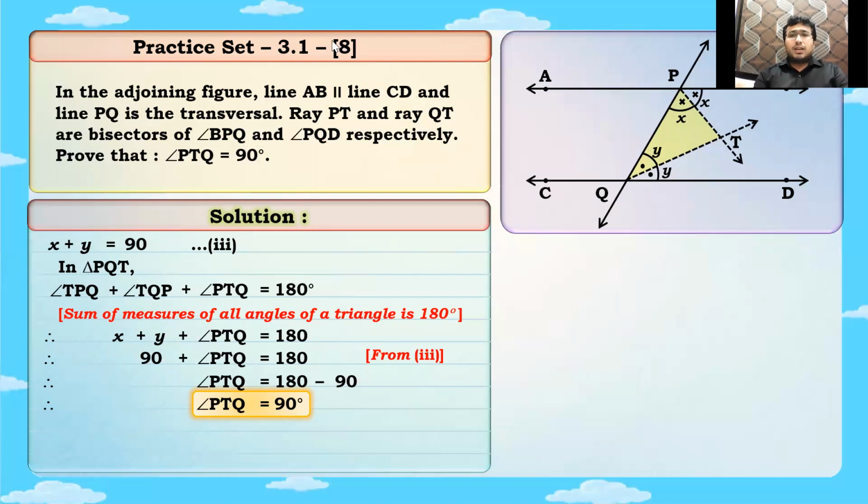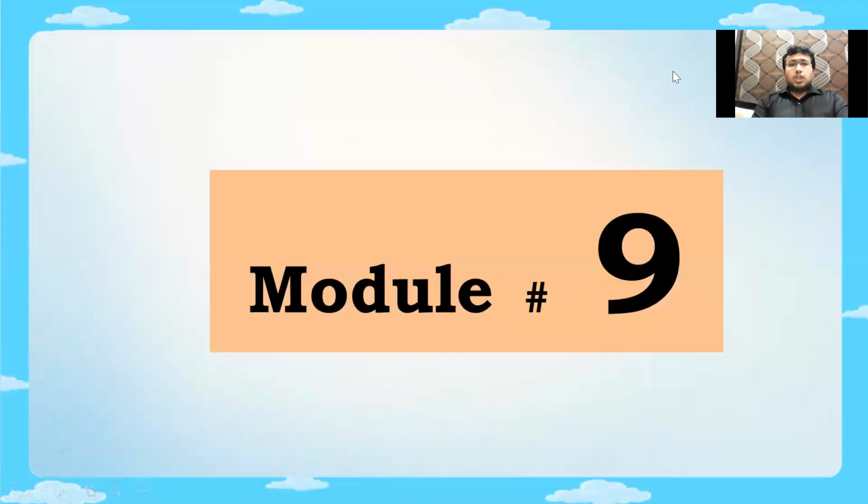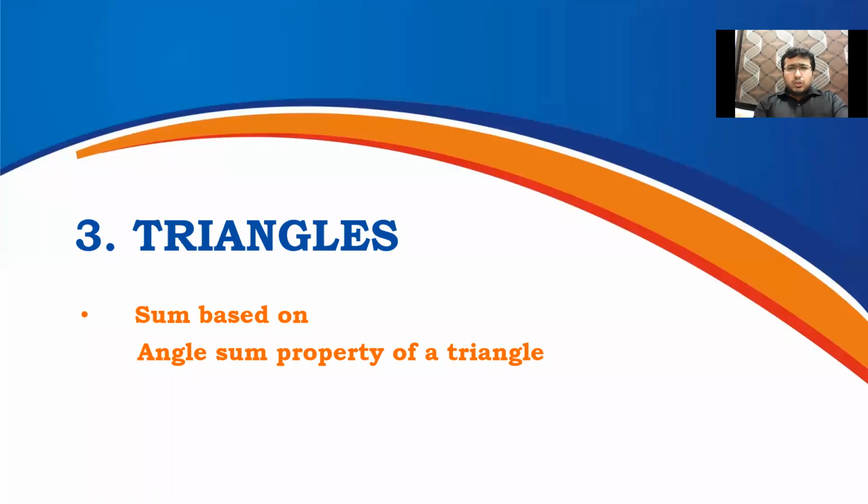Okay, great. Students, we start with the next concept. Okay, students, if you remember few sums back, we have learned a very important thing. Okay, what was that? Yes, it was theorem of remote interior angles.